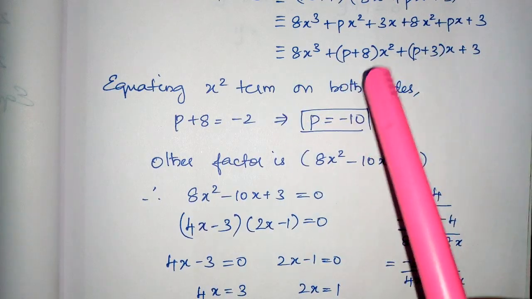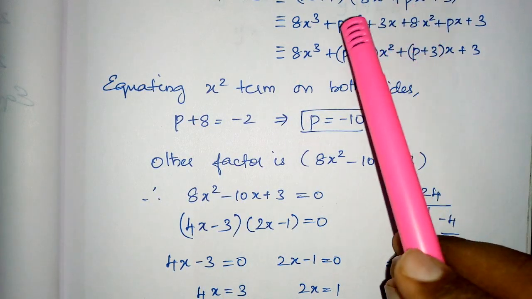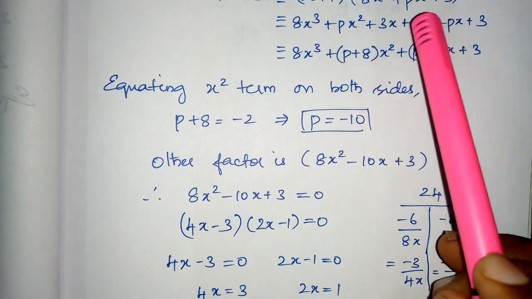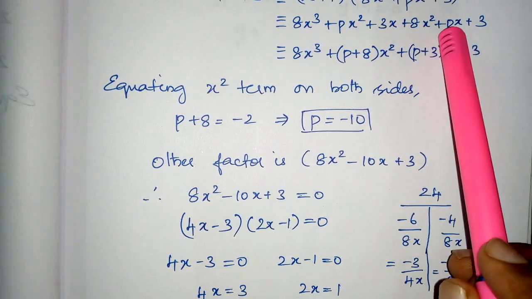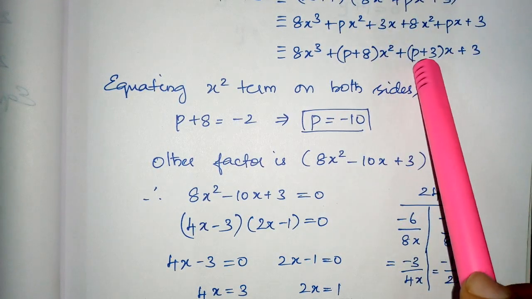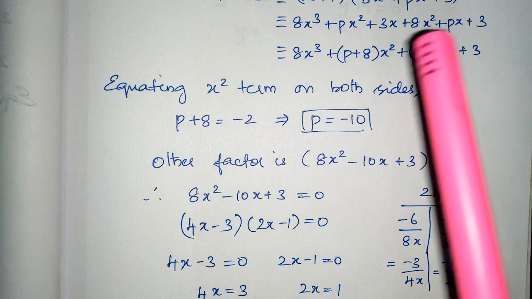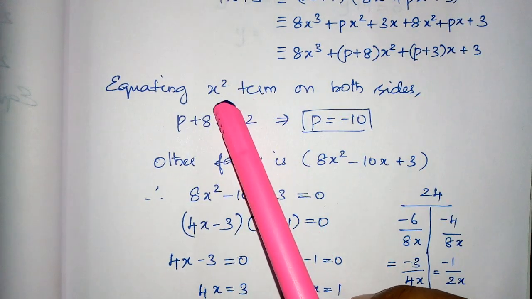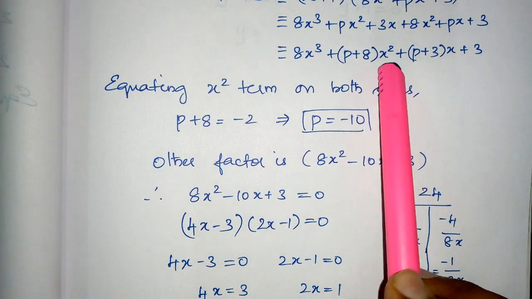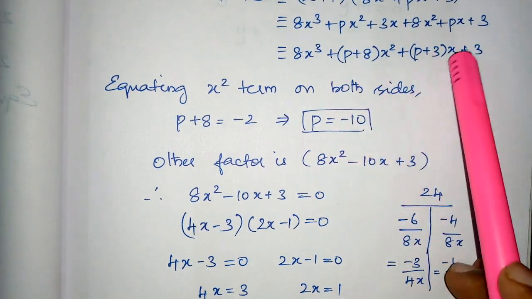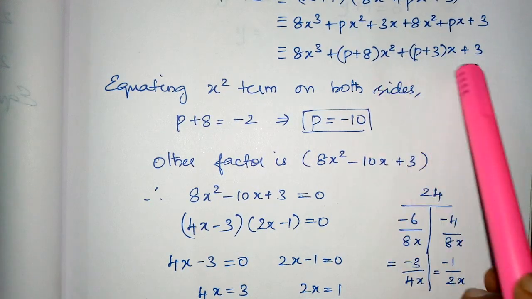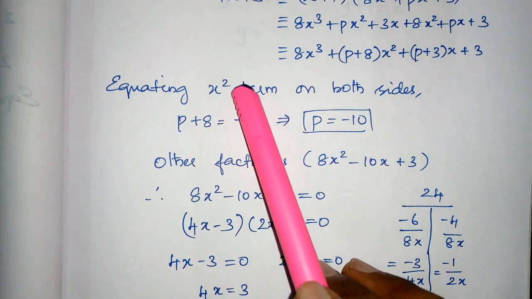Now there are two x square terms, so I take x square outside: p plus 8 into x square, and for the two x terms, I take x outside: p plus 3. Now we have to equate the x square term, or we can equate the x term also. See here, the x square term contains p and the x term also contains p. So either I can take the x square term or the x term. Here I have taken the x square term.